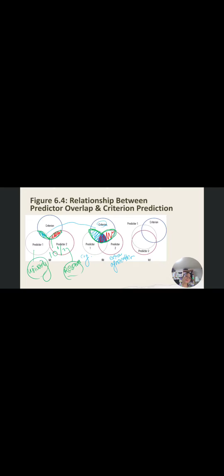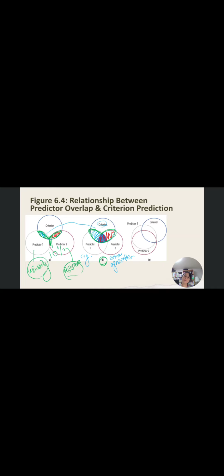There's very small overlap between predictor 1 and predictor 2, so I think that is pretty good, but the overall predicted percentage is important. And so that's why the formula B using these predictors is better than the A using these two predictors.